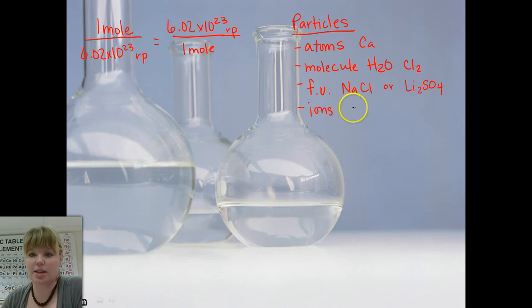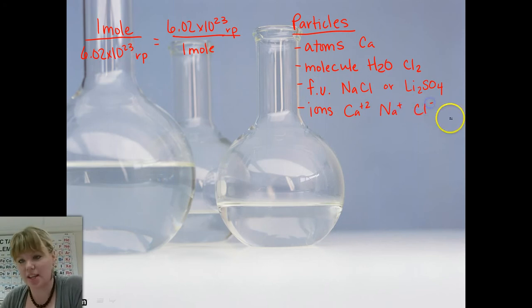So this is just the same thing as an atom, except it has a charge. So obviously you're not going to have a carbon ion, because carbon doesn't form ions. So it would be like calcium with a +2, or sodium with a +1, or chlorine with a -1, something like that.